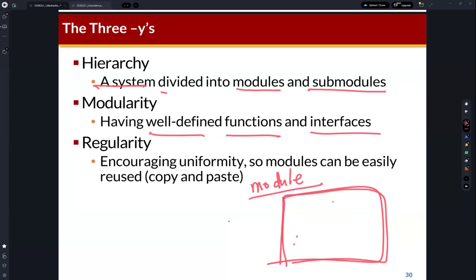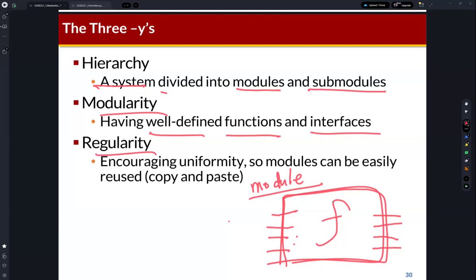A module of a system is defined, then we need to define some interfaces like input and output ports, and also functions. So modularity means that a module has well-defined functions and interfaces. Okay, this is called modularity.